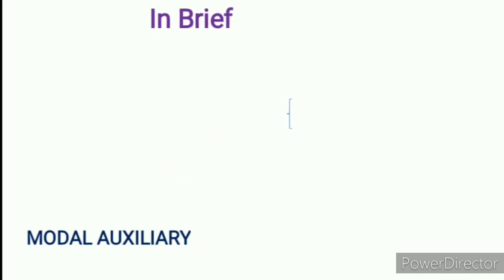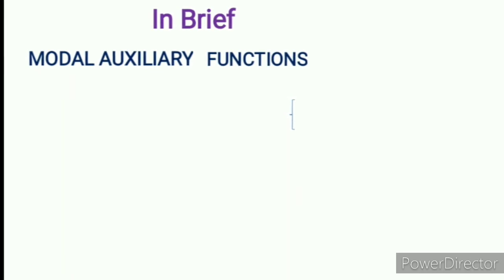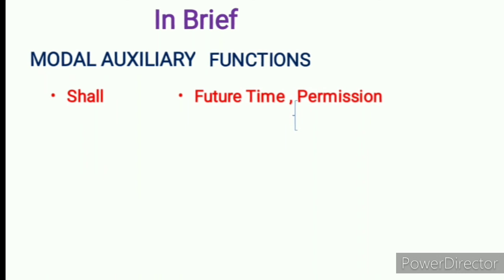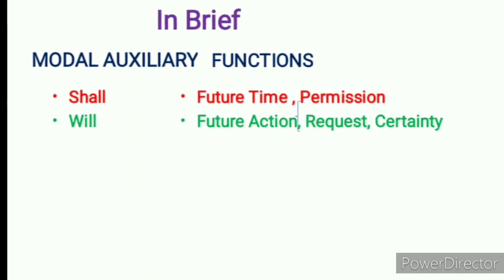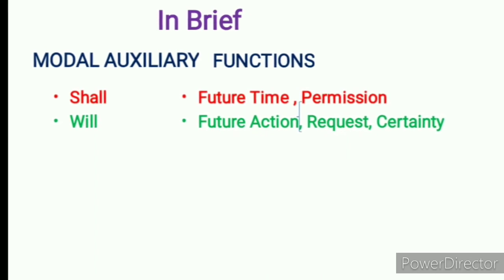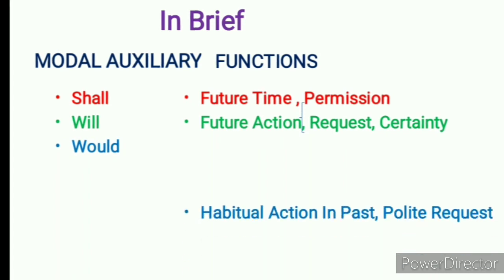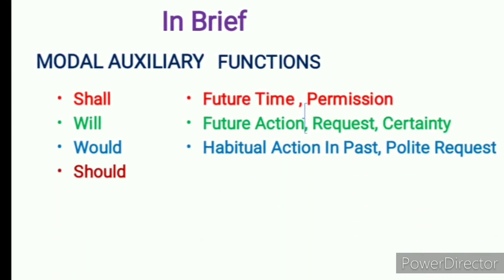So in brief, let us discuss the modal auxiliaries and their functions. Shall, that is used to express future time and permission. Will is used to express future action, polite request and certainty. Would is used to express habitual action in past and polite request.